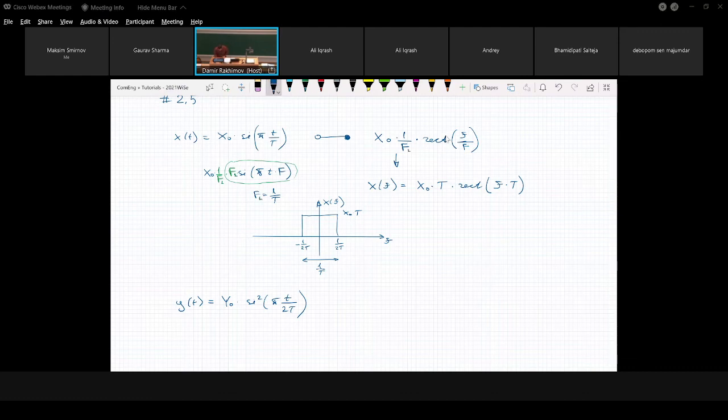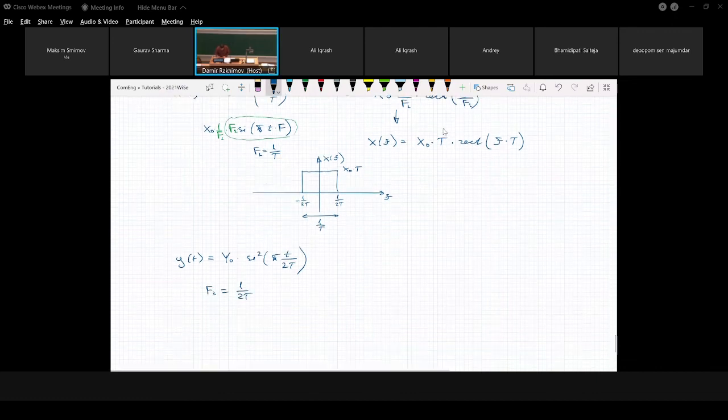And now I introduce a variable f2, which equals 1 over 2T. And I can rewrite our signal as Y0 times 1 over f2, times f2 times the c square function of pi f2 times t.